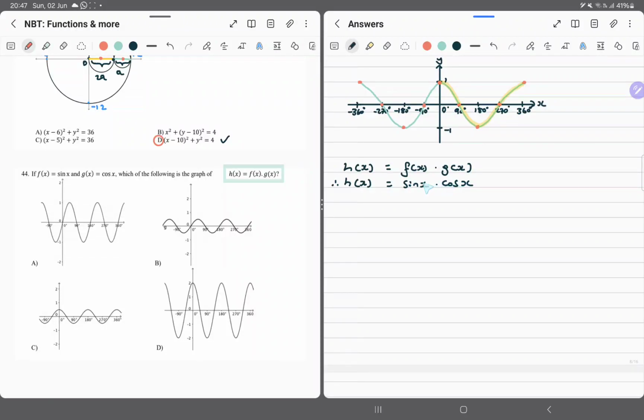Now, when we see cos multiplied by sine, this should remind you and I of the double angle identity of sine. So we know that, however, we understand that sine 2x is essentially 2 sine x cos x. So how do we isolate those guys? We literally divide by 2 on both sides.